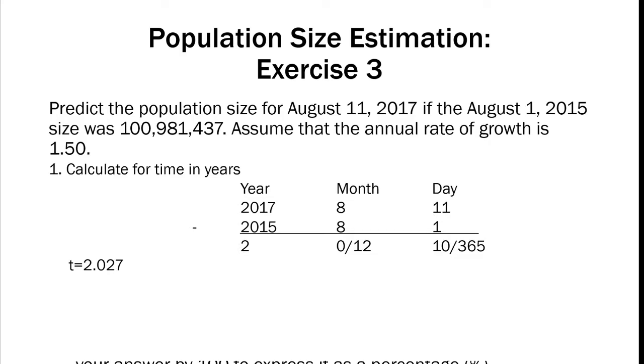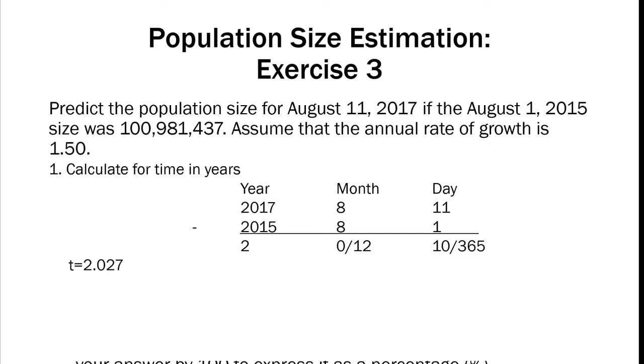Now here, it's also quite easy because all of the figures in the future date are larger than the figures in the past date. For example, for day, the future day is 11 and the past day is 1. For month, they're both 8.